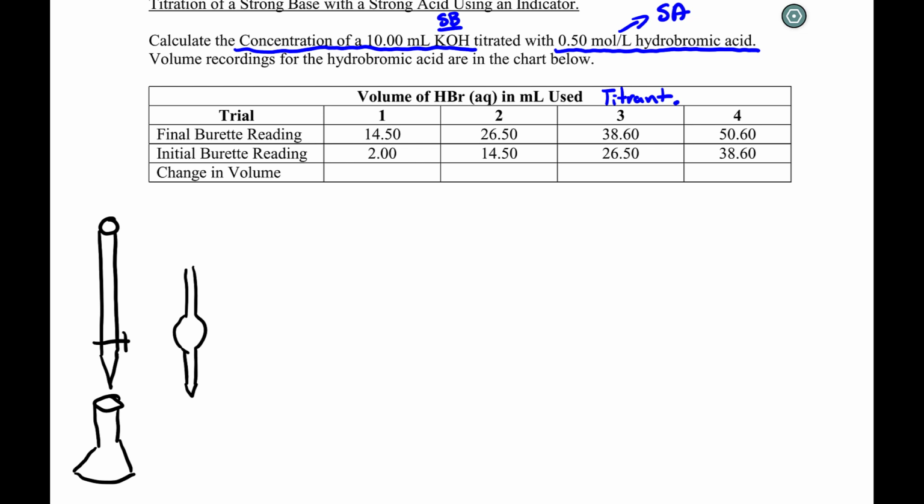I would like you to calculate your volumes for each trial, and then get an average volume. Write a balanced net reaction and do the stoichiometry to solve for the unknown concentration of KOH. If you feel confident enough at this time, please pause the video and try the question.